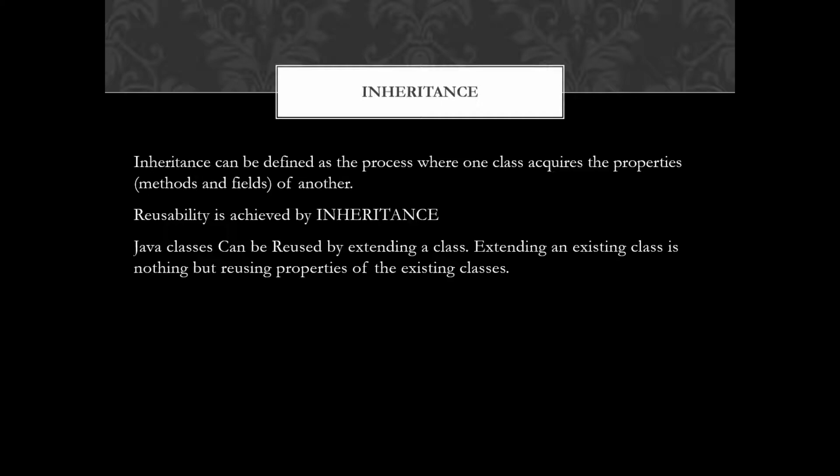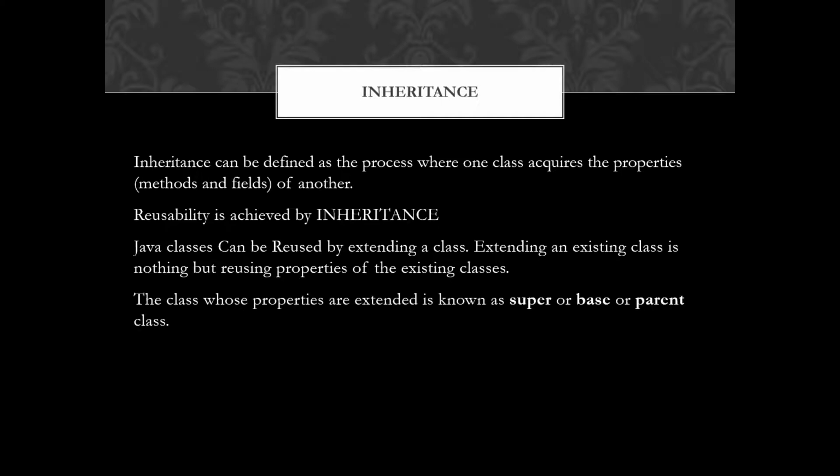Everything in Java programming is written in a class only. If one class extends another class, then all the features in that class can be used by the present class. So extending an existing class is nothing but reusing the properties of that existing class.